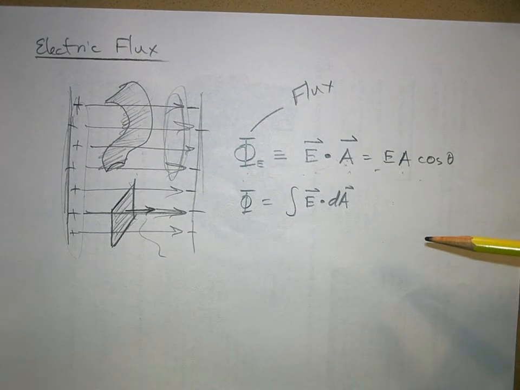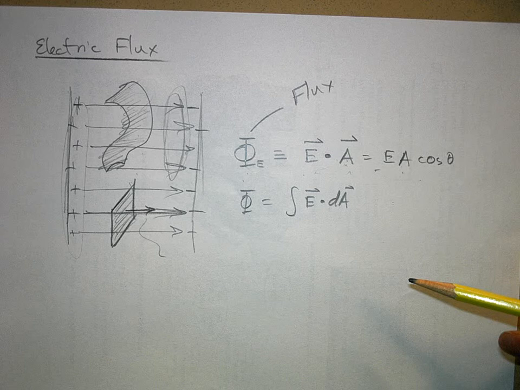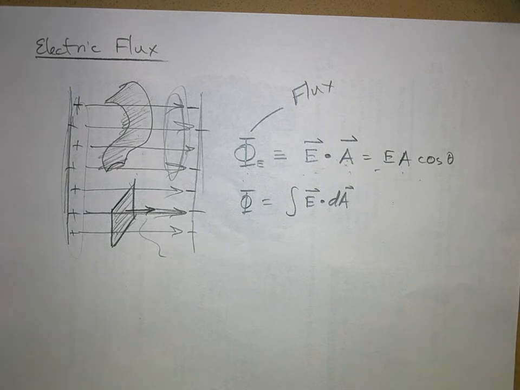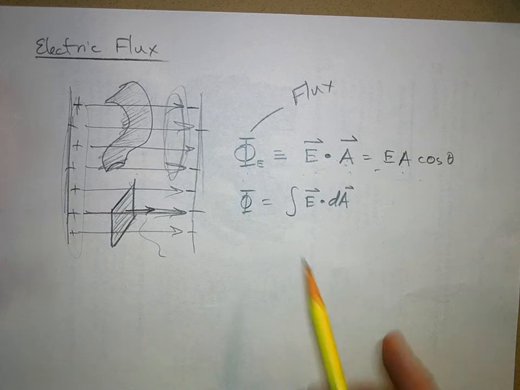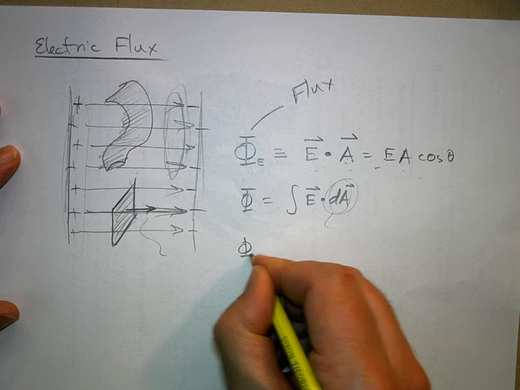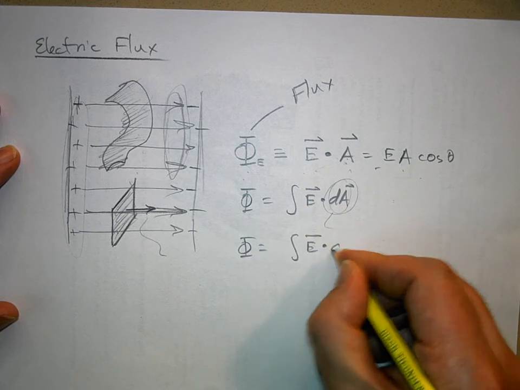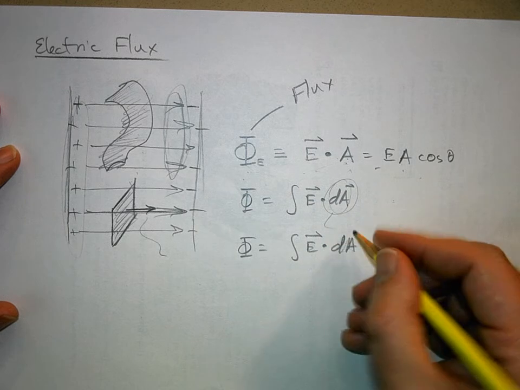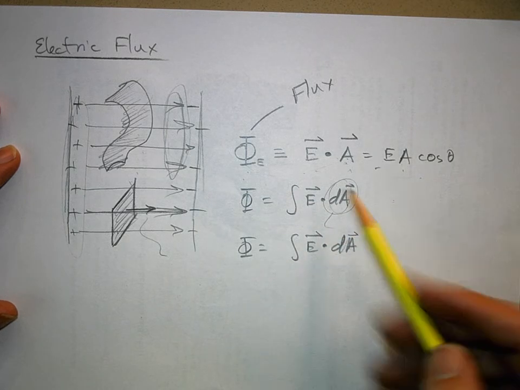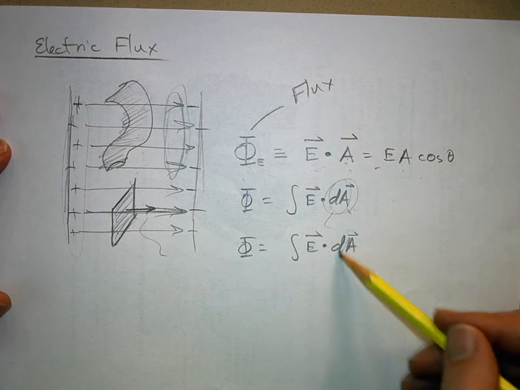Now we took this idea of electric flux and we applied it to a situation where we have a closed surface area. We say, if it's closed, we're going to say that E dot dA. By the way, the area doesn't have to be closed; this will work either way. But if this area is closed, what does that mean?